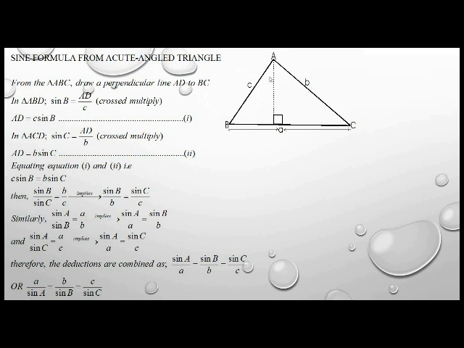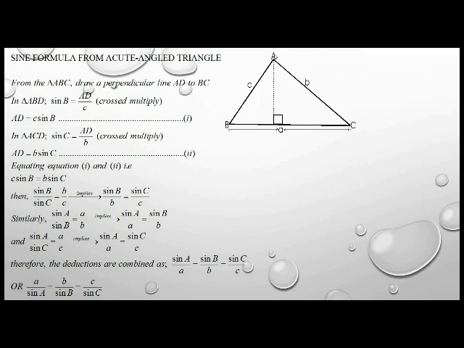Don't let us forget, there exists a perpendicular line from angle A to this point, and we tag this place D, that is to the line BC. Line BC is our horizontal line.